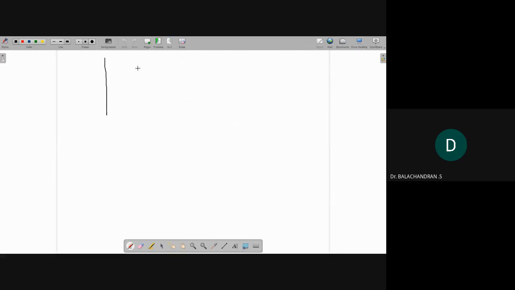So I'll write here: the first row is r, a square, c square; second row s, a b, c d; and third row t, b square, d square.